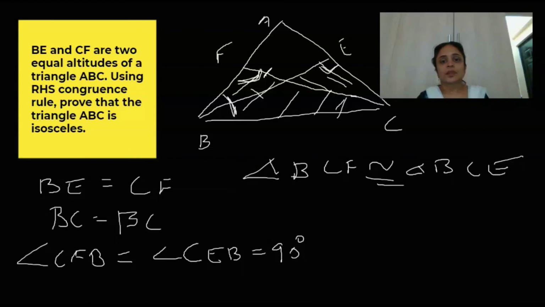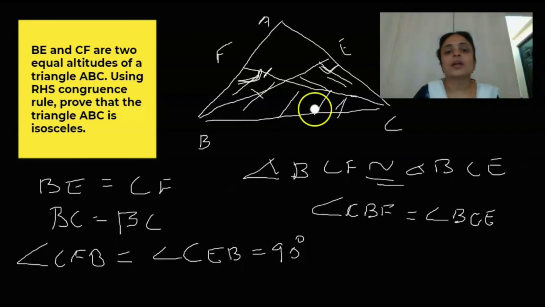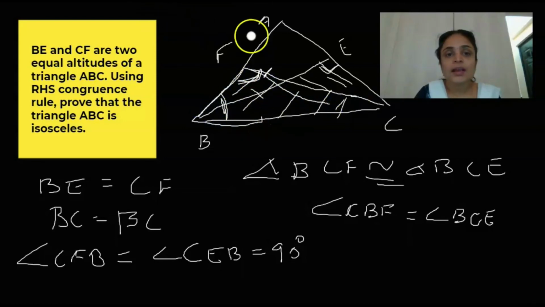Now, since triangle CBF and triangle BCE are congruent, these two angles will be equal, right? The angle of this triangle and this angle of the other triangle.